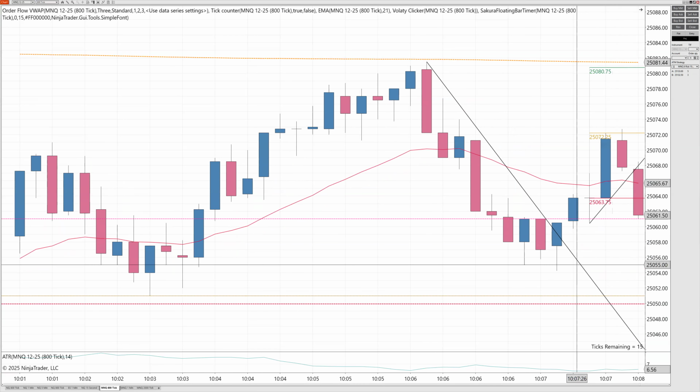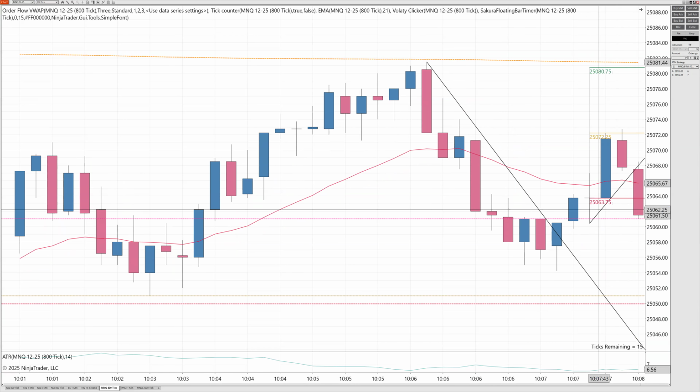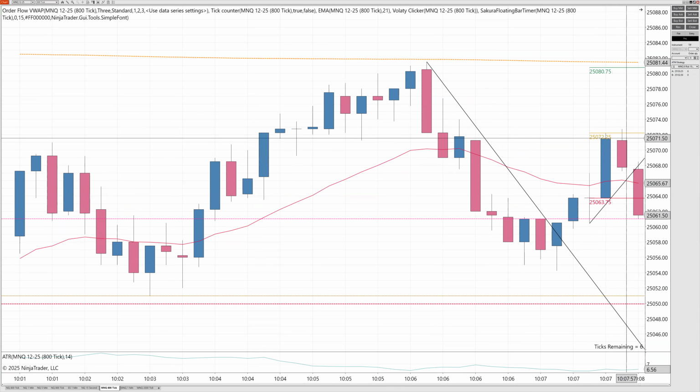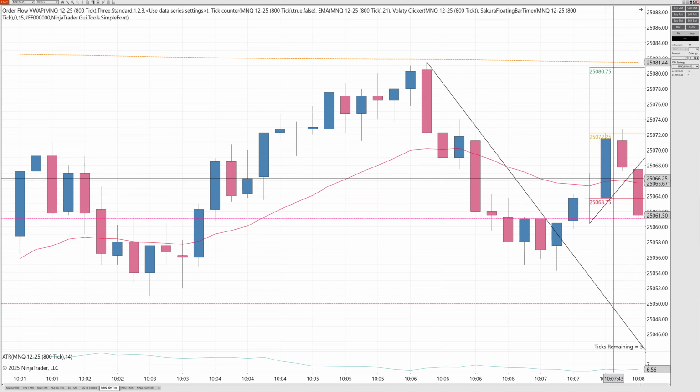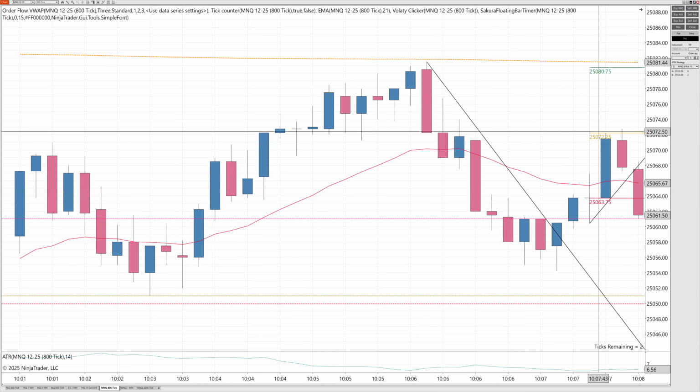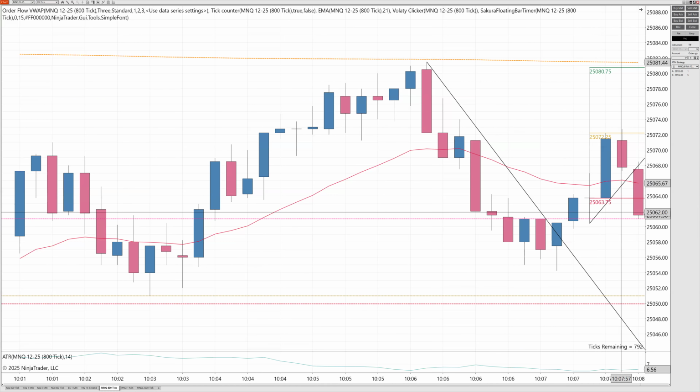Fortunately, it was a stop loss. So this was our first stop loss of the day. We lost how many points here? 720. This is 8.5 points plus a point of loss.